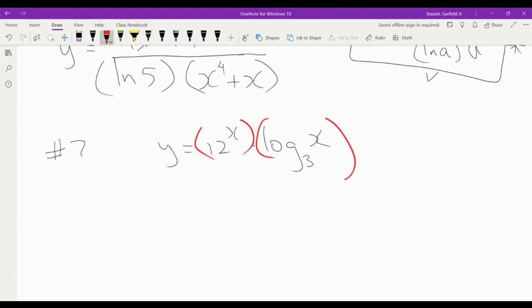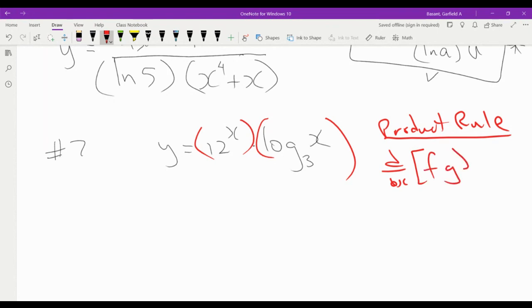It's not constant times that. Excellent. Product rule. And once again, d by dx of f times g is equal to f prime times g plus g prime times f. So we'll just keep that there. And we're calling the first part our f and the second part our g. So it's just a matter of filling in the blanks.